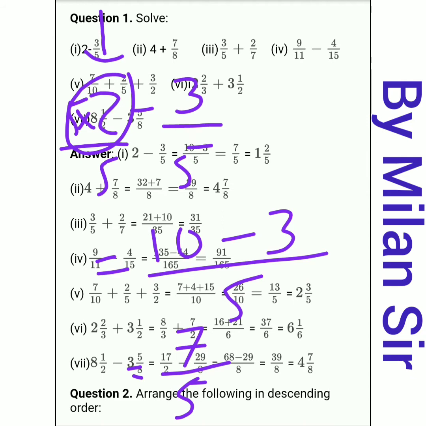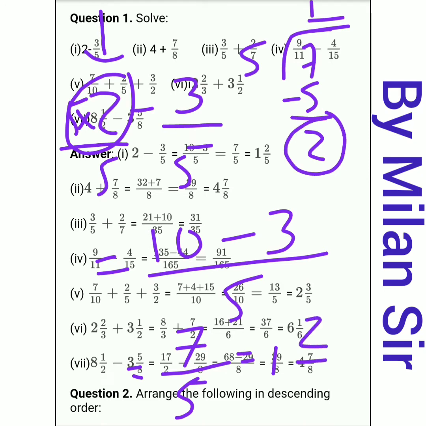So how can we convert it? 7 divided by 5, 5 ones are 5, so we get remainder 2. Now we write the integer first, then the remainder 2 upon 5, in clockwise direction. First 1, then 2, and then 5. So one integer 2 by 5. This is the final answer.